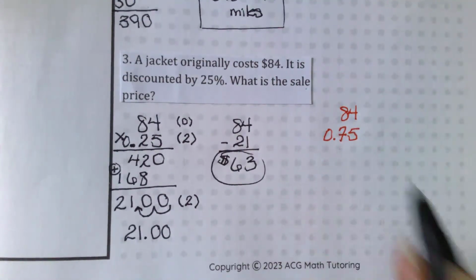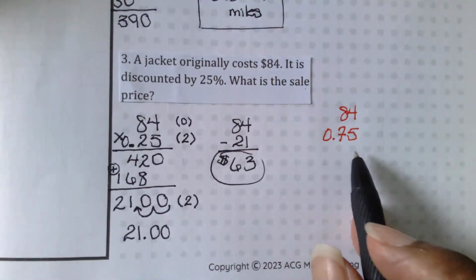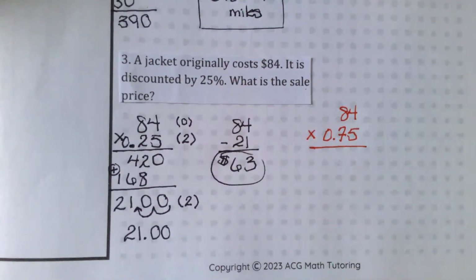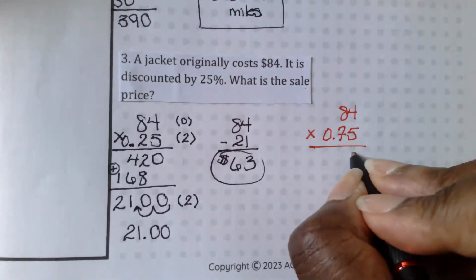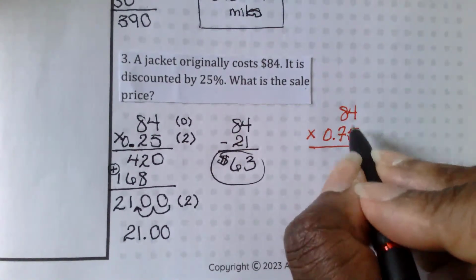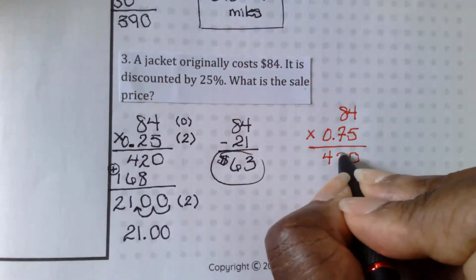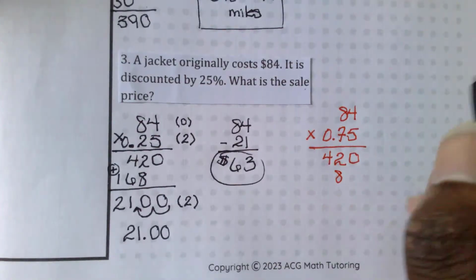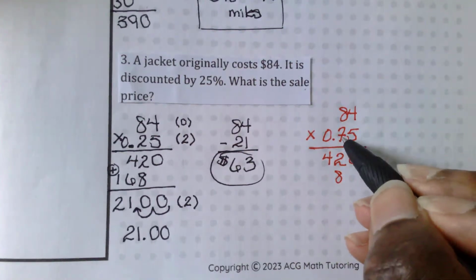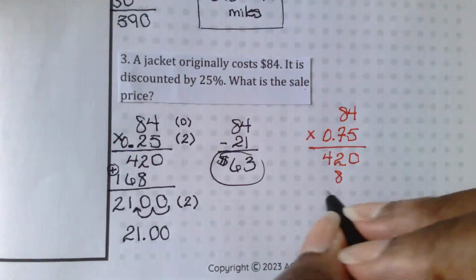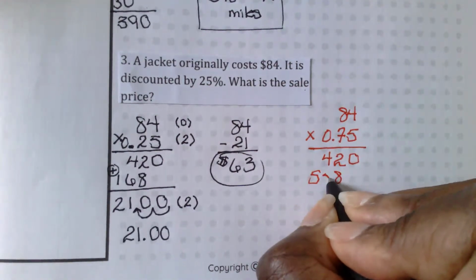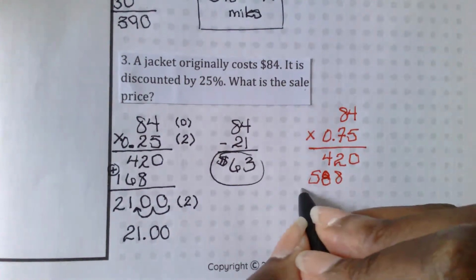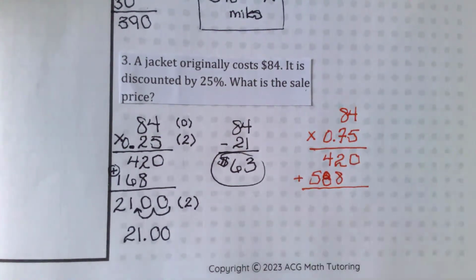And 75% as a decimal is 75 hundredths. So now we multiply. 5 and 4, that gives me 20, carry the 2. 5 and 8, that's 40, plus the 2 is 42. But this time we have 7 and 4, that gives me 28, carry the 2. And then 7 and 8, that's 56, plus 2, so we have 58. We're going to add these two together.